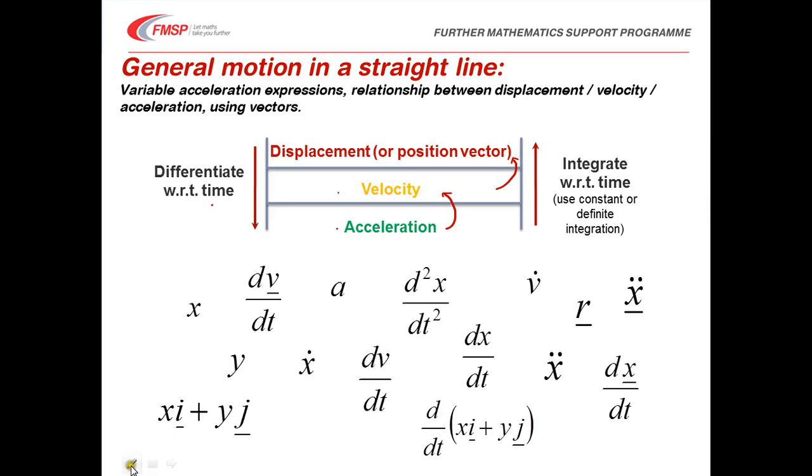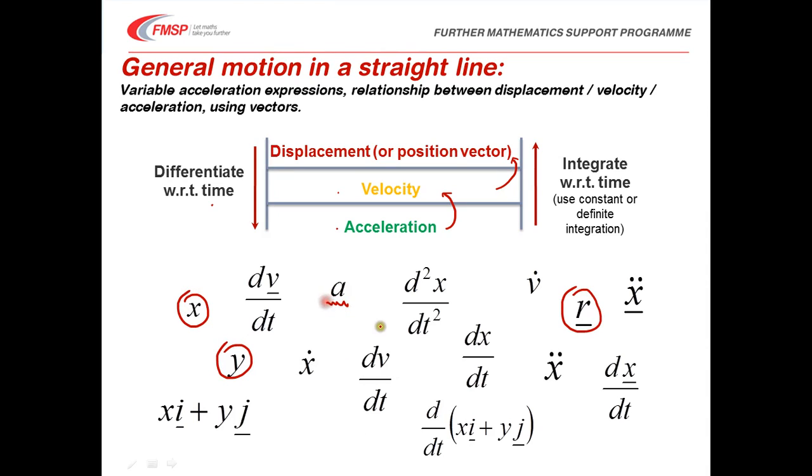Down here at the bottom we've got a cloud of different terminology for various variables involved here. I'm going to start with displacement. All of the things that I'm circling here in red could represent displacement. So x and y could both be displacement. R here is often used where you've got vector displacement.